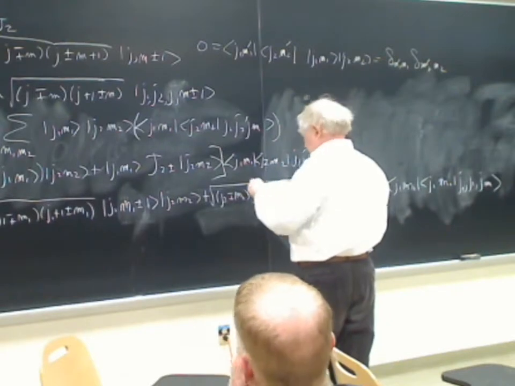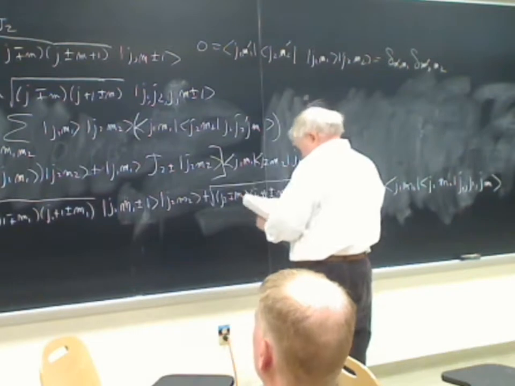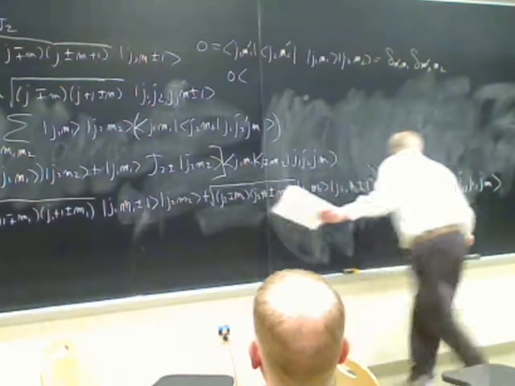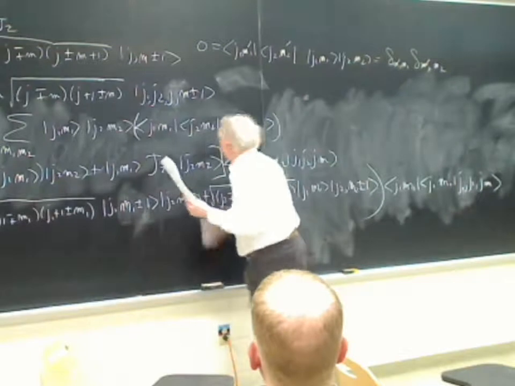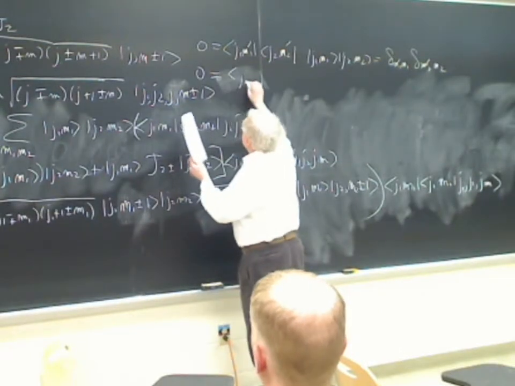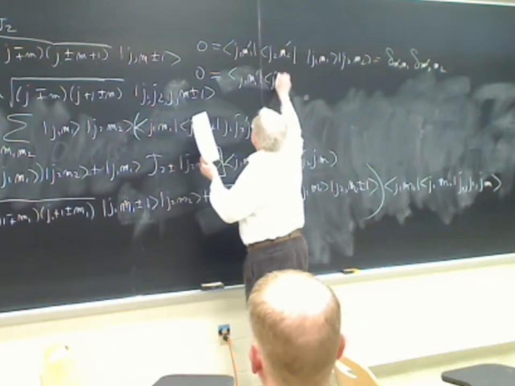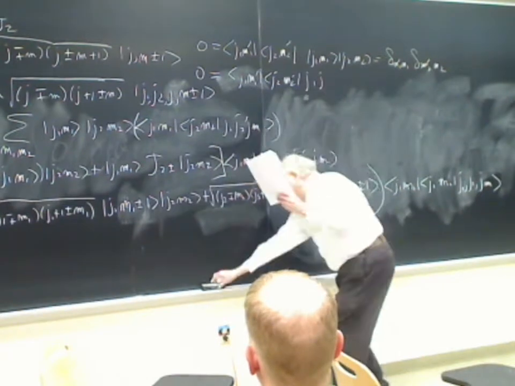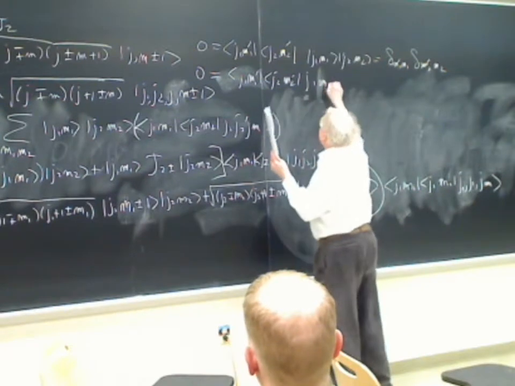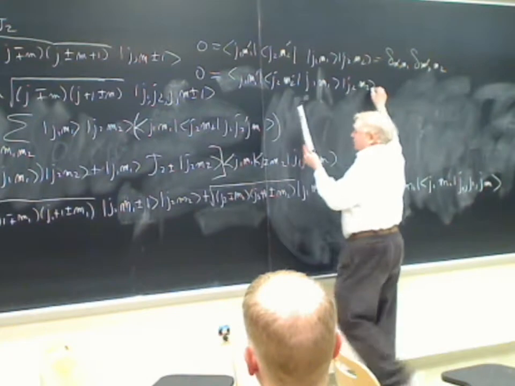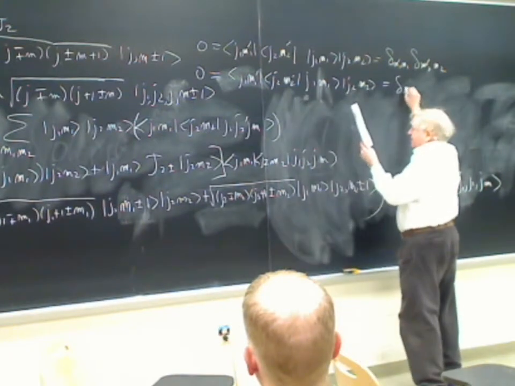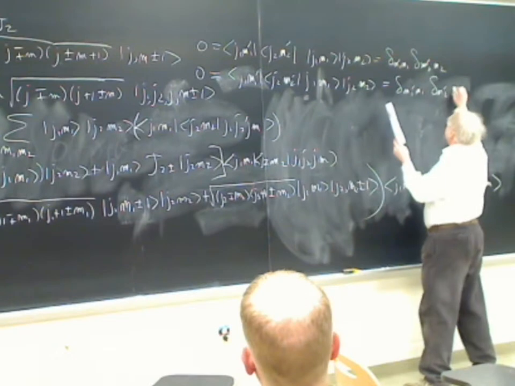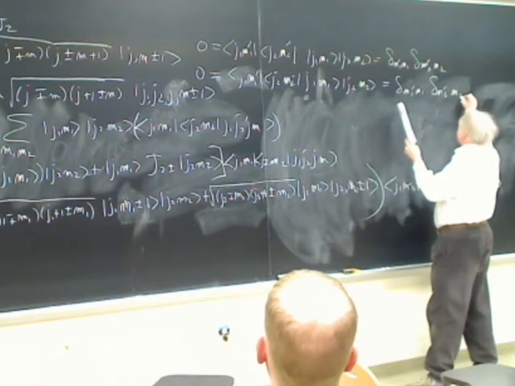But that rule, you see, that rule implies also that 0 is equal to J1 M1 prime, J2 M2 prime, J1 M1, J2 M2 plus or minus 1.